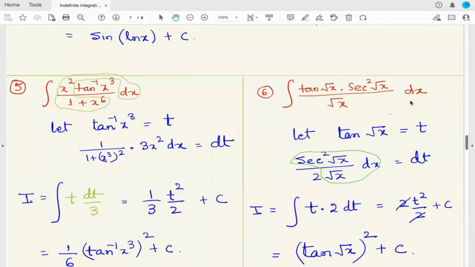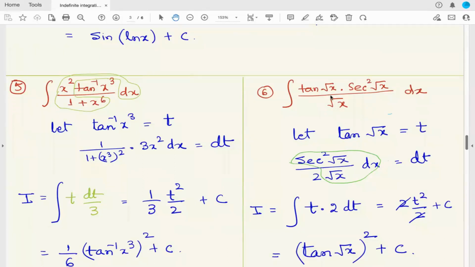We know that the differentiation of tan x is sec square x. So here is a function tan root x, which is a complex function. When we differentiate this function with respect to x, we have to use the chain rule. So first we substitute this tan root x as t.